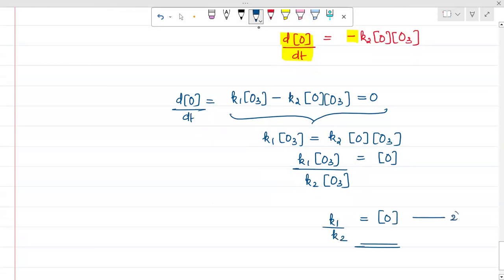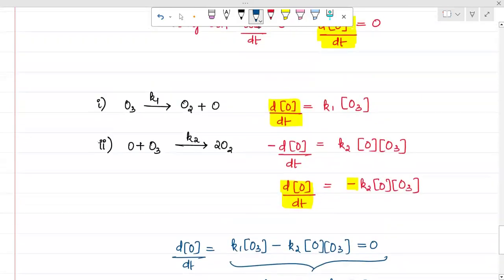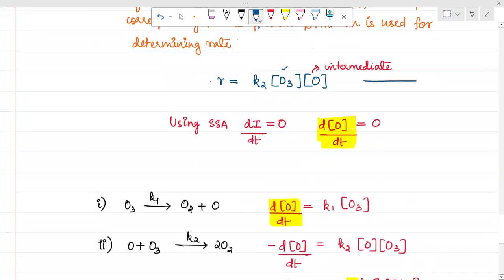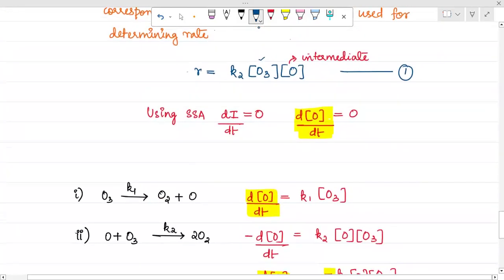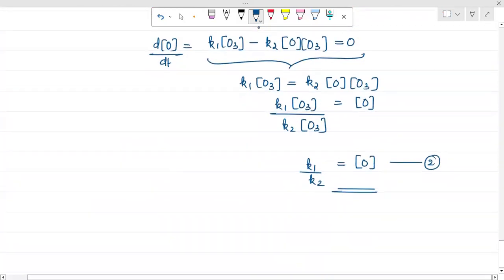Now put this expression of O in the rate expression. Let's say this is 1. Put 2 in 1. We are eliminating the intermediate, and we have got an expression for the intermediate.